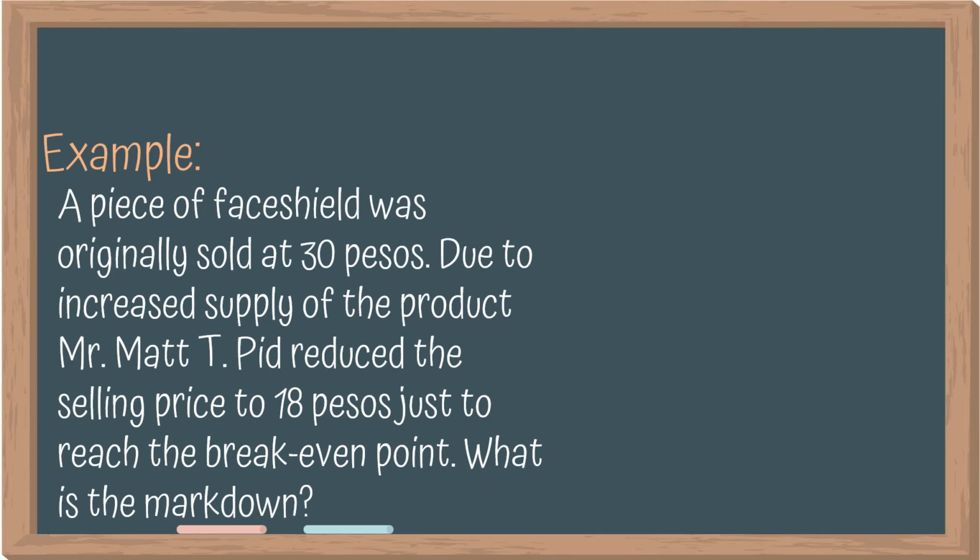What is the markdown? Again, to solve for this problem, let us first identify the given values as well as what is asked in the problem. First one, we have the term originally sold at 30 pesos. With this, we can say that 30 pesos is the original selling price.